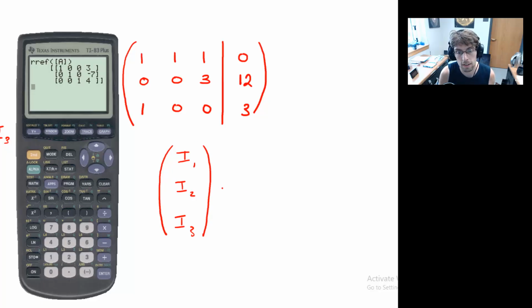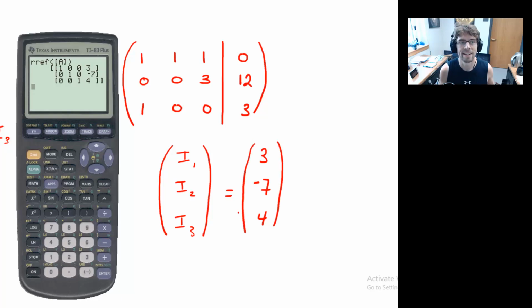So we have 3, -7, and 4. Ta-da! And again, note the presence of the negative sign. That just means that I2 is not going into the positive terminal of the 12-volt battery, but rather out of it. Not surprising. And we're done. I guess we better label this.